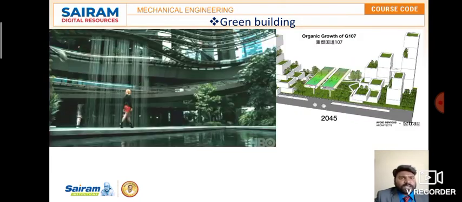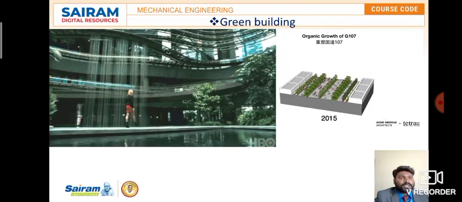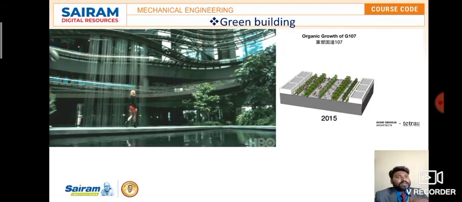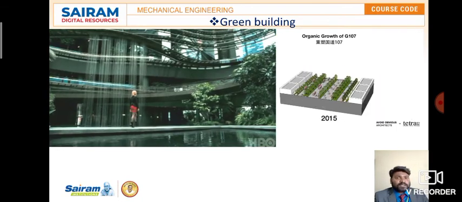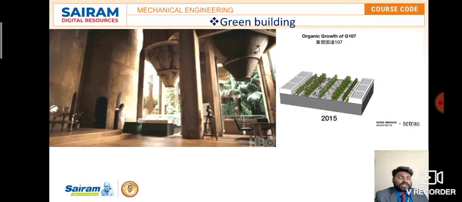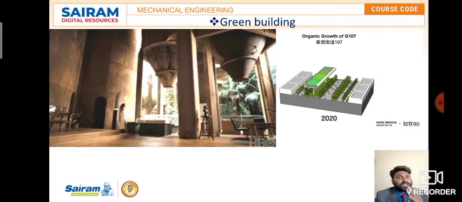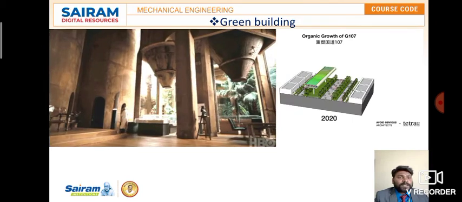Now this is what I was talking about, the green building. Look at the pictures. There will be a building and a rooftop on top of it, with the years 2015, 2020 and 2030 mentioned. Slowly the growth takes place on top of the building, and when we construct a building, inside the indoor there will be a small garden and plants and trees, so that it will take away the negative impacts happening on this environment, and it will give pleasant quality air, and we will be comfortable inside.